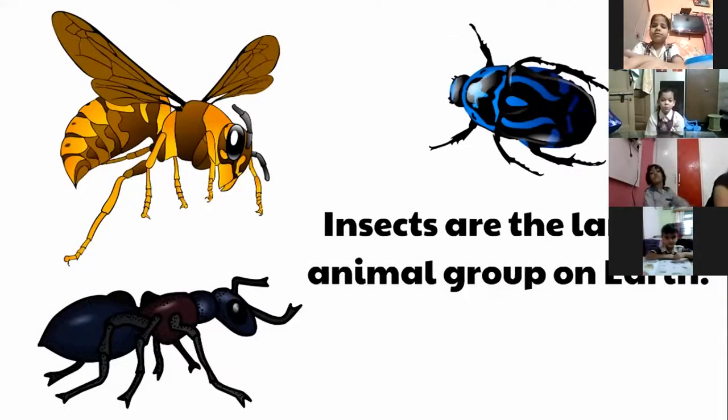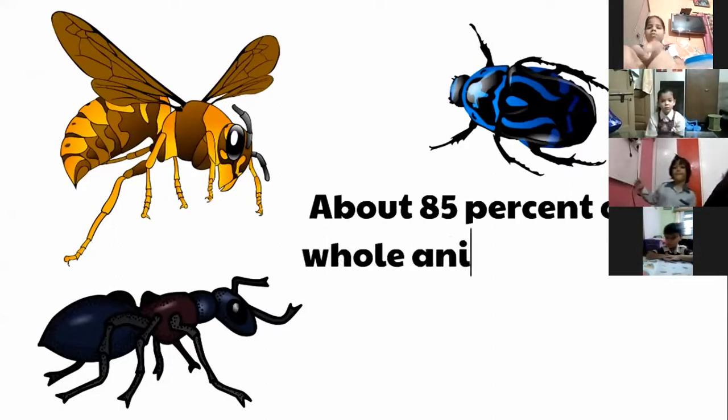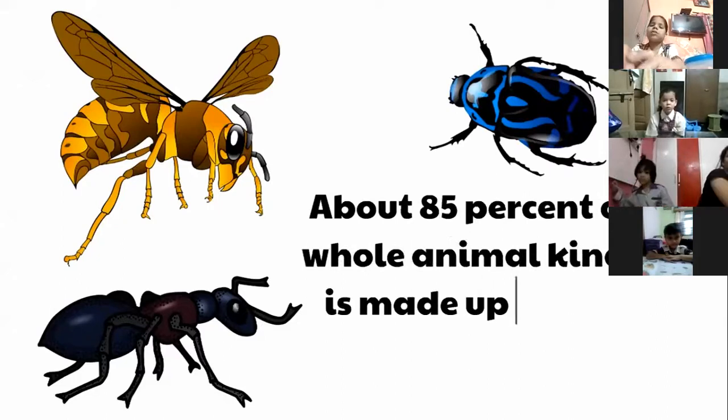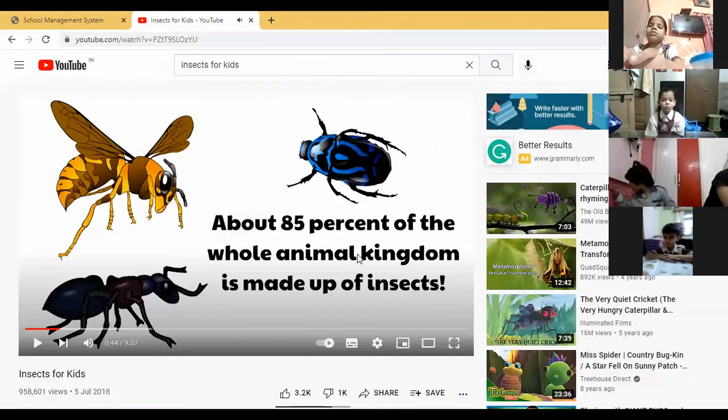There is no animal group in the world larger than insects. In fact, about 85% of the whole animal kingdom is made up of insects. That means the majority of animals in the world are insects. Yes, the majority of the animal kingdom.